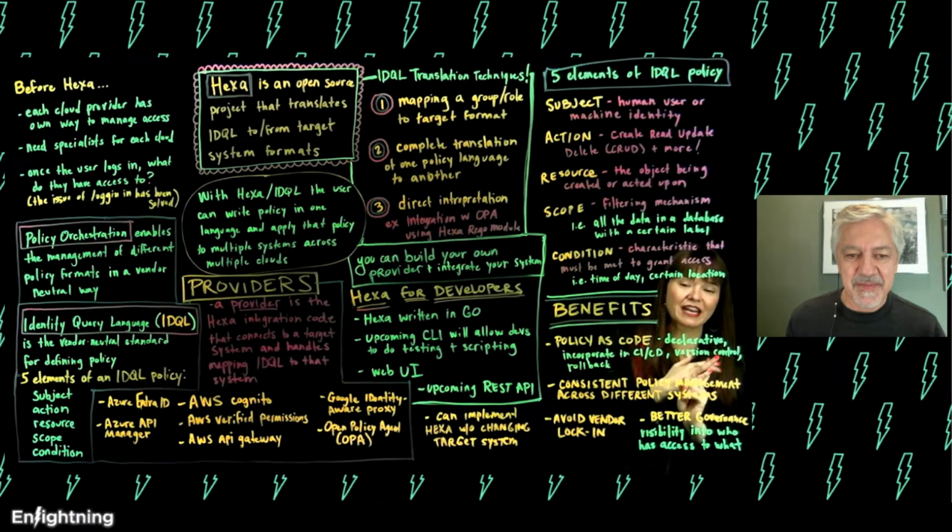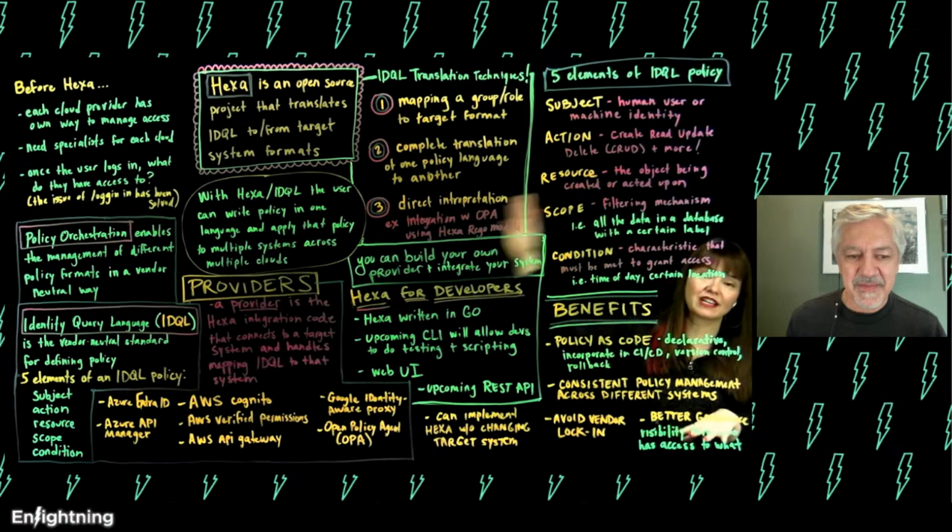So you can also manage the policy across the different systems in a consistent way. You can implement Hexa without changing your target system at all. You're just using Hexa as a proxy to translate IDQL to the target system. You can avoid vendor lock-in, and Hexa will also give you better governance. So you have good visibility into who has access to what across your entire estate.